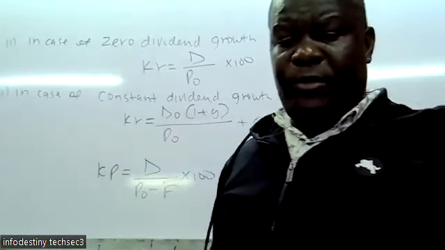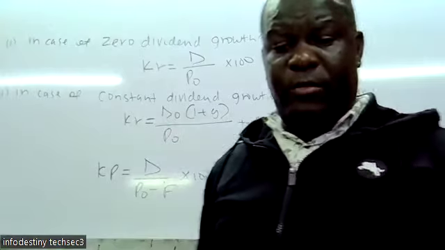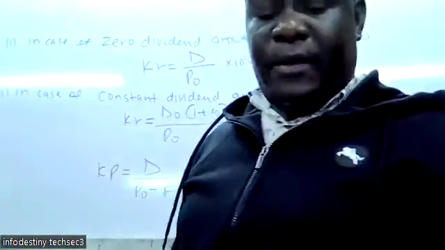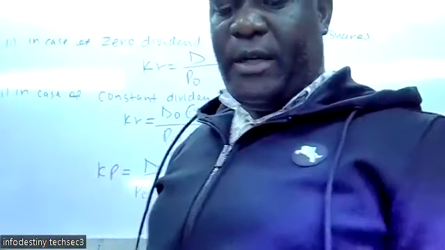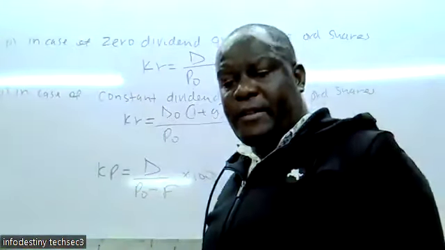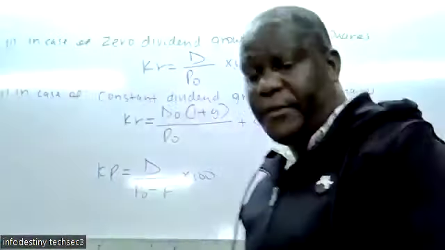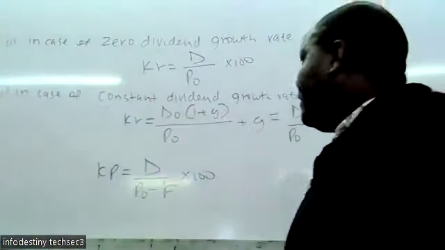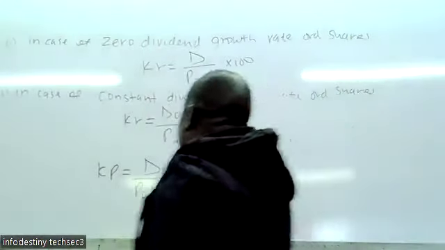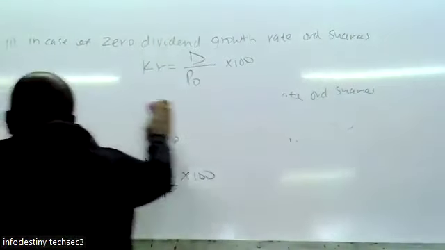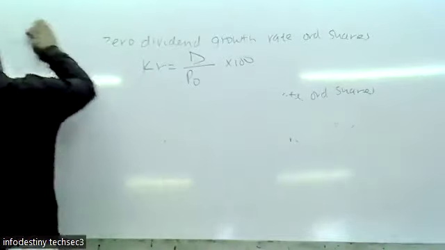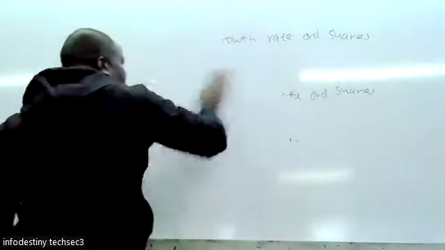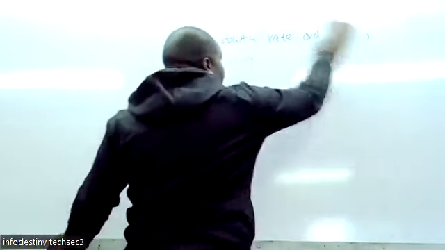So when it comes to the cost of debenture or bond, you write that it is classified into 2 categories as follows.